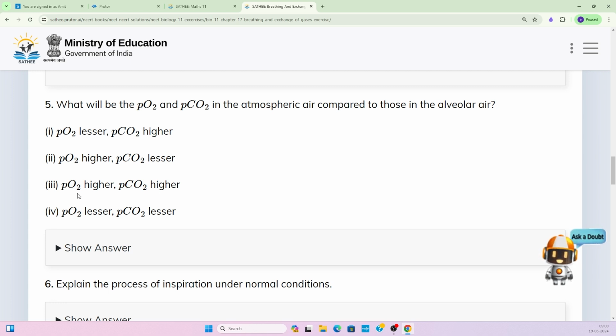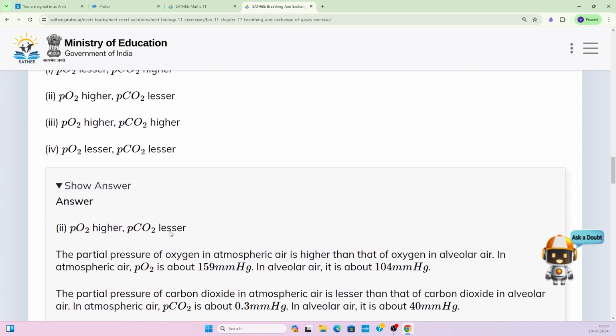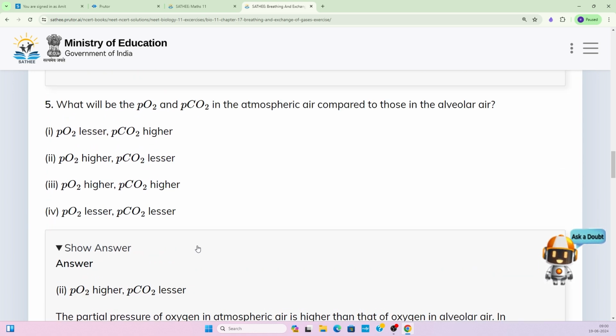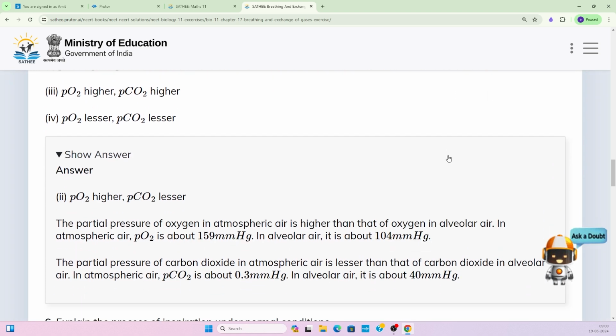Third, partial pressure of O2 higher and partial pressure of carbon dioxide also higher. And fourth, partial pressure of O2 lesser and partial pressure of CO2 also lesser.